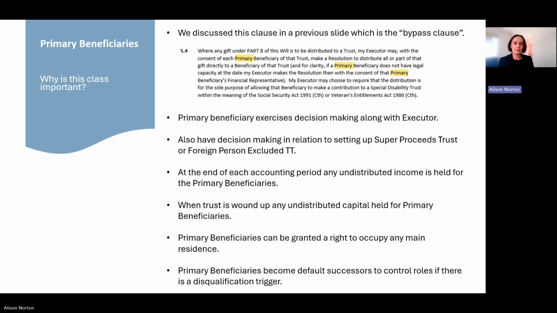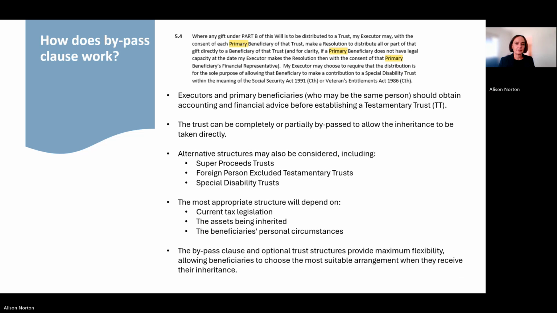And they become the default successors if the trustee is disqualified and there isn't a nominated trustee to take over. So it's an important role because they have extra decision making and also extra entitlement to the money. And moving on. So this was my discussion about the bypass clause.